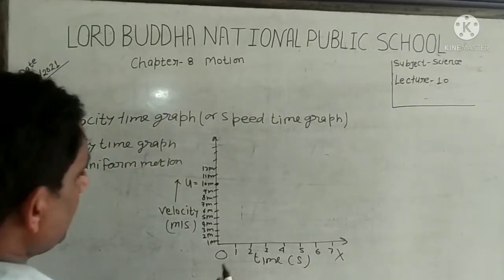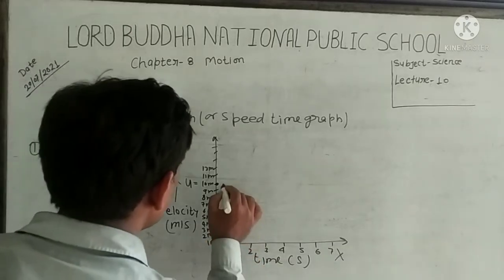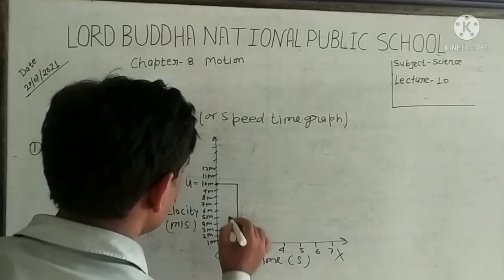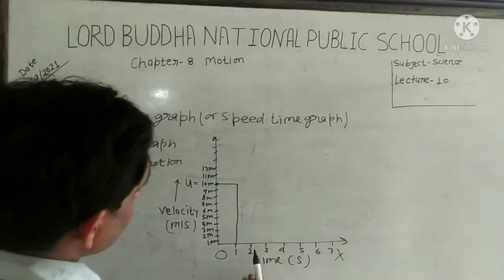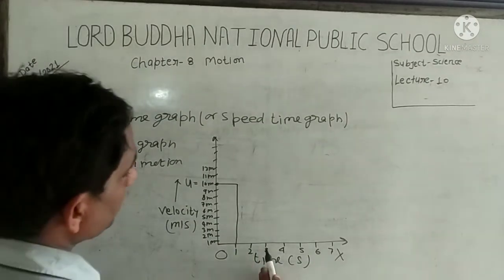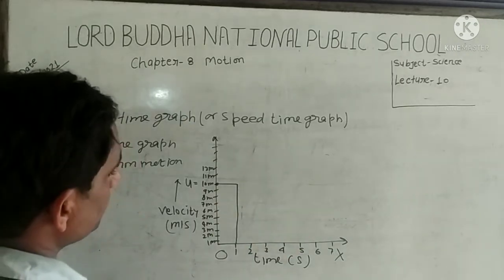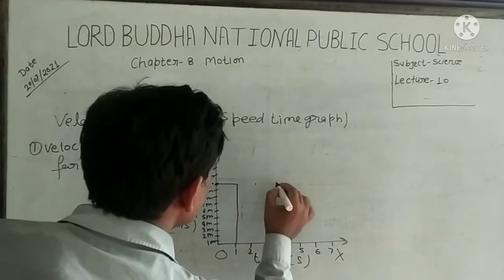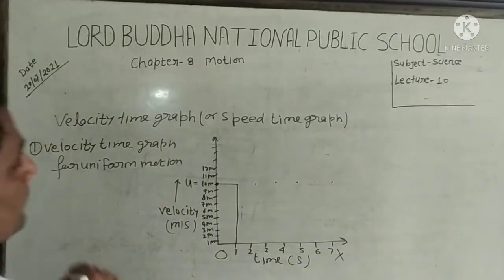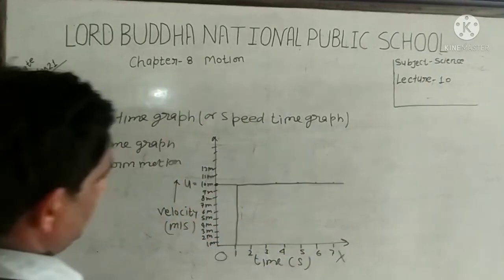An observer observes that the velocity of the object is 10 meters per second in the first second, and the point will show here. After 1 second, he again sees the velocity is 10 meters per second, and again in the next second. So the points will be here, here, here, here and here. When we join all these points, we get a straight line.